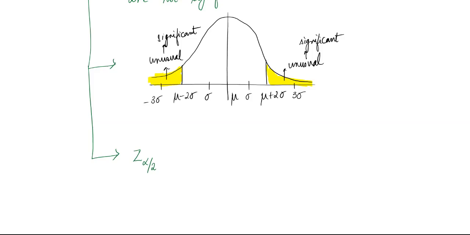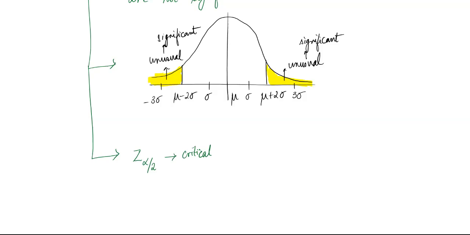It depends on how stringent we want to keep the significant area. If it is 95%, there is a certain borderline for that. If it is 99%, the borderline changes. That's what we're trying to utilize here. And we're using the Z scale, not the X scale, because that's the standard normal version.